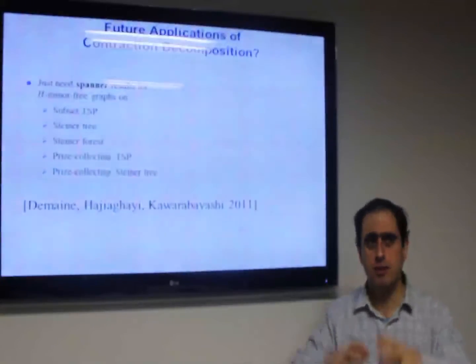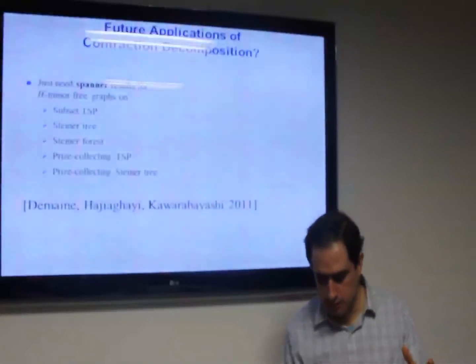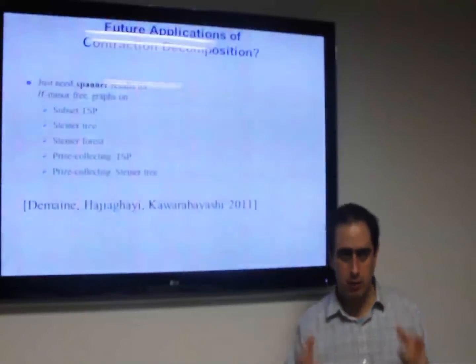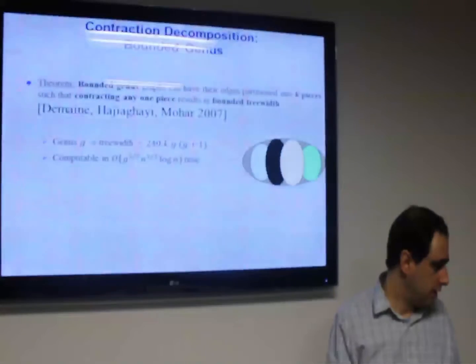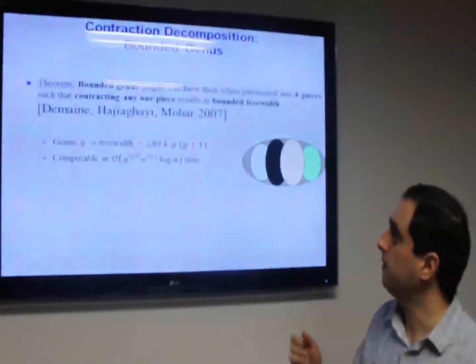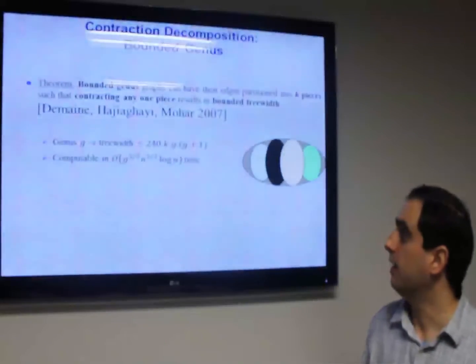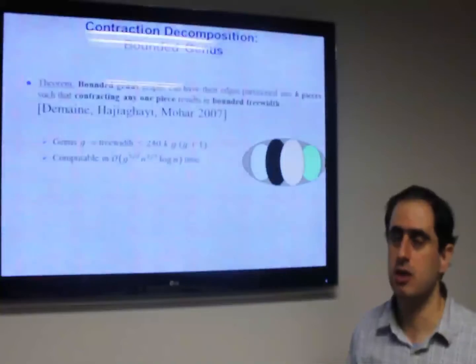Let me just give you some ideas about the proof. I cannot go through the details because there are several lengthy papers, so I just want to give you some ideas. The idea essentially is that first we could prove this theorem for bounded genus graphs, and before that, essentially for planar graphs.